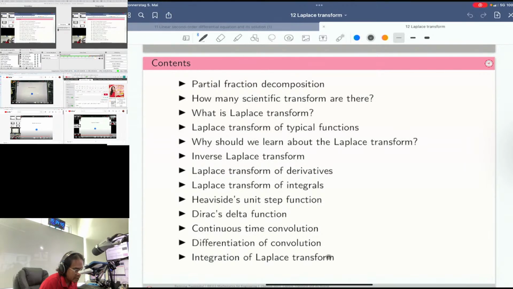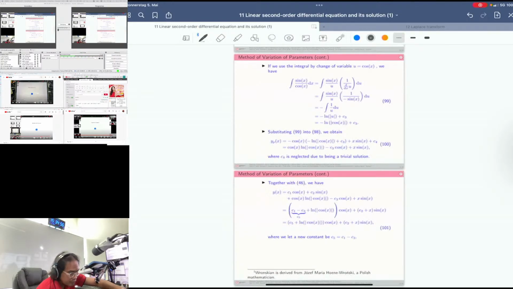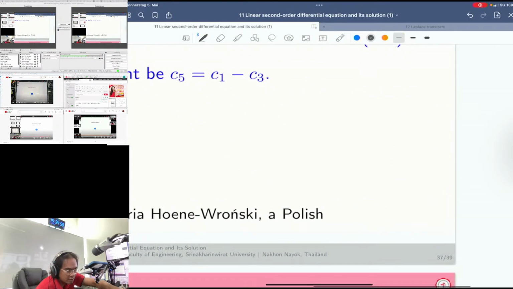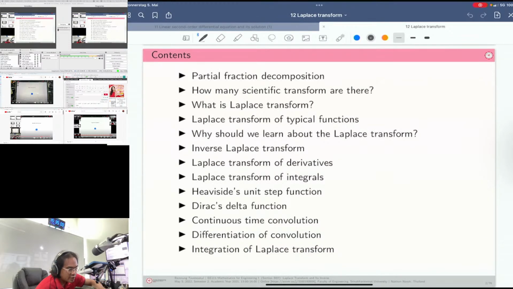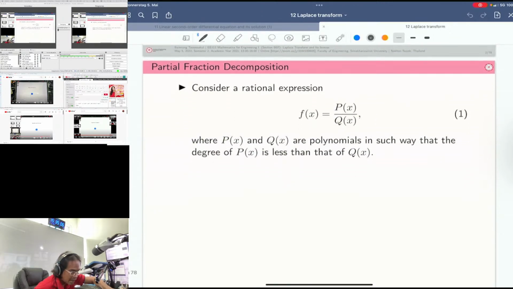And the last topic will be integration of Laplace transform. All right, many things in this chapter, and it contains 78 pages. The previous chapter had 39, so almost double. So this chapter will take quite a long time.